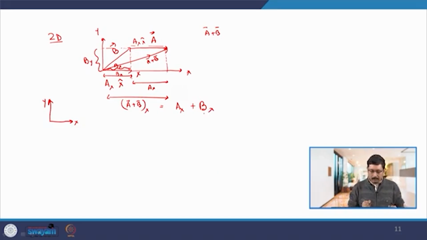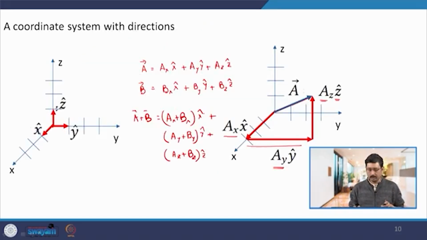So the simple rule we just used: to add two vectors A and B, all you have to do is find the components of the vectors along the x axis, y axis and z axis and then add the components.